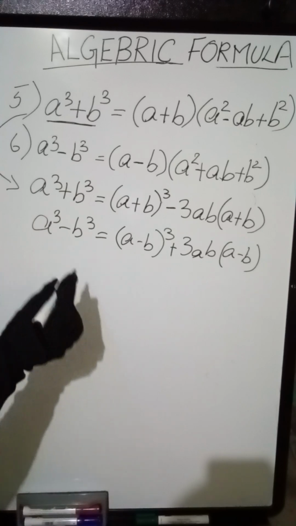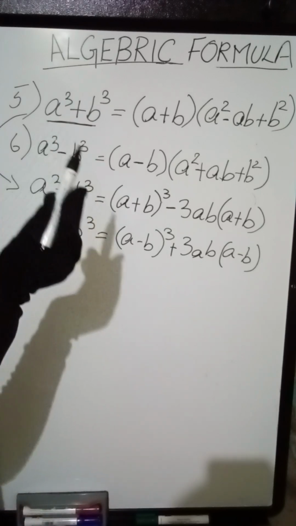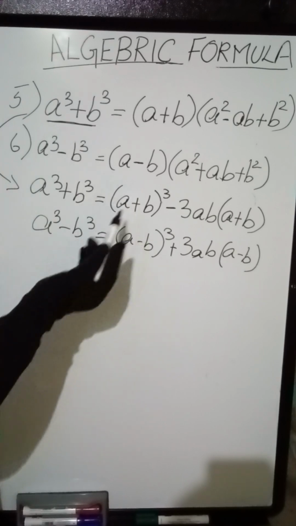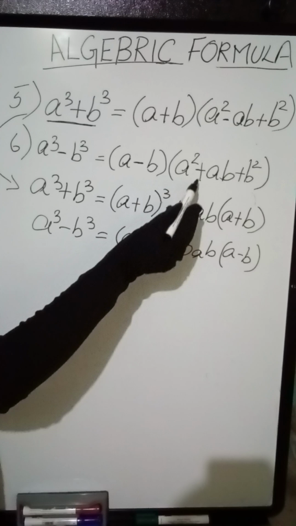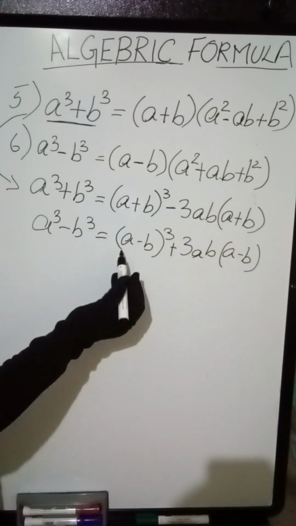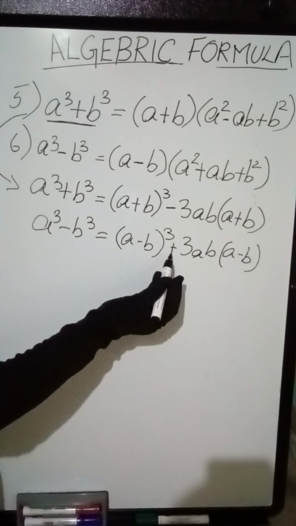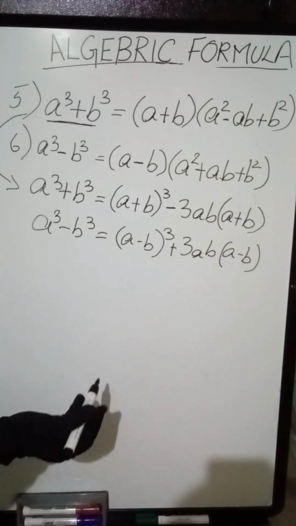Now if you see, even a cube minus b cube you can write in two different ways, that is either a minus b into a square plus ab plus b square, or you can write it as a minus b the whole cube plus 3ab into a minus b.